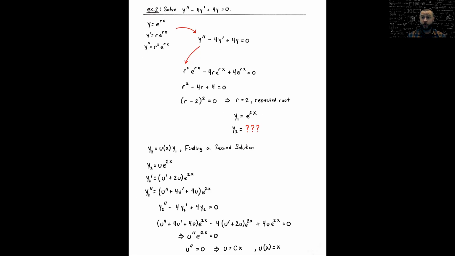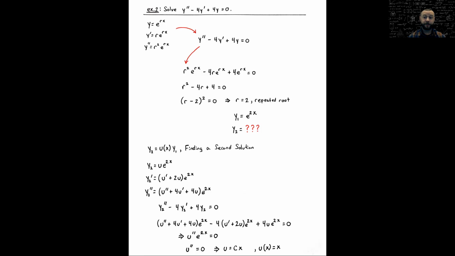I'm going to put up all the work here on the screen. Definitely pause and make sure you thoroughly understand that. This is merely the procedure that we outlined in a previous lecture, how when given one solution, we can find a second solution. If you go through that, your second solution, y2, is always of the form u of x times y1.